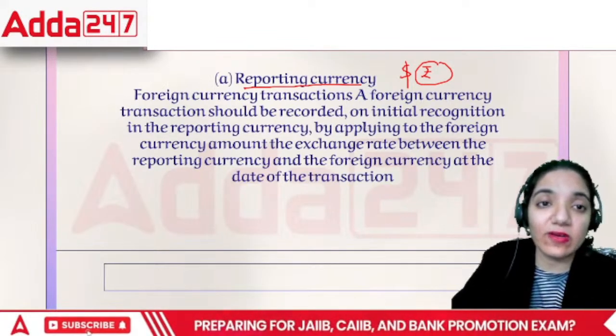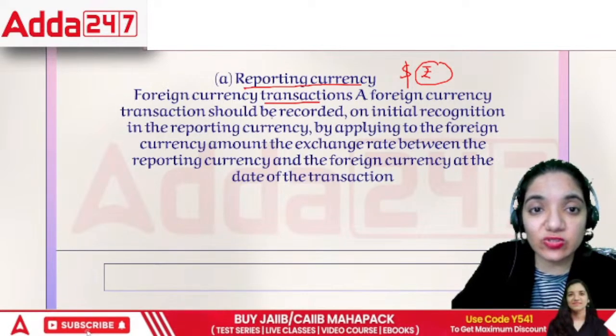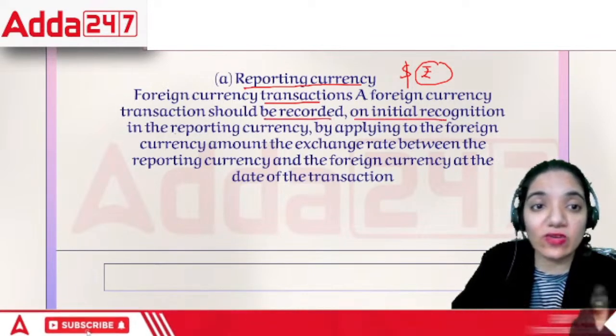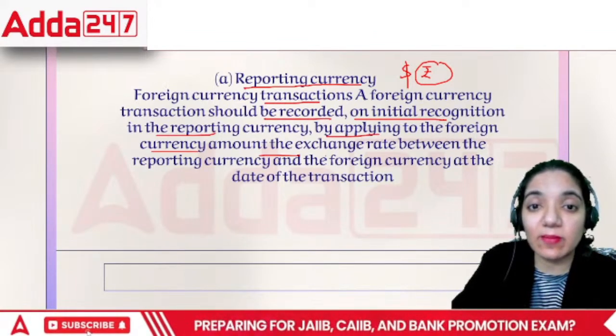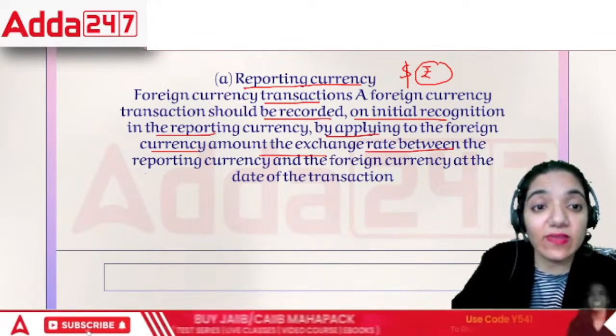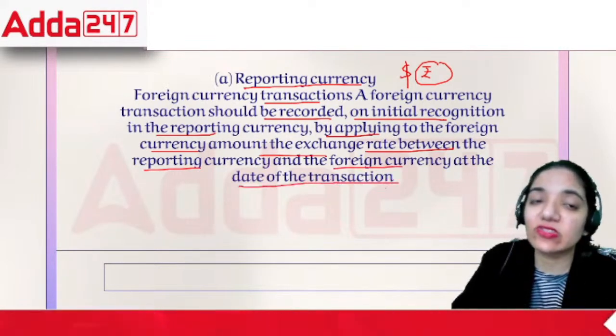That means the foreign currency transactions are those transactions which should be recorded on initial recognition in the reporting currency by applying to the foreign currency amount the exchange rate between the reporting currency and the foreign currency at the date of transaction.